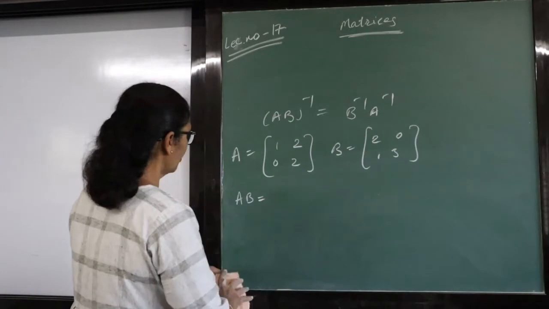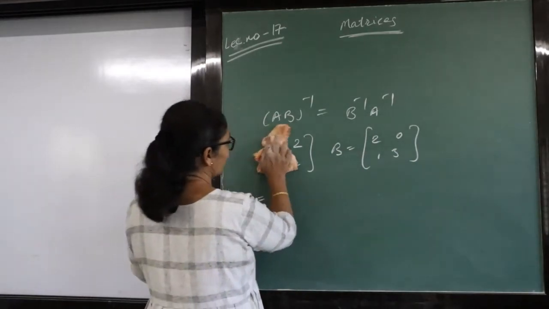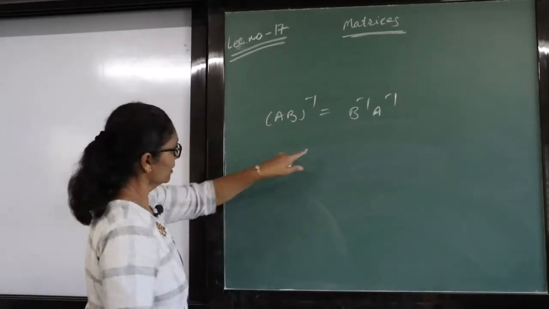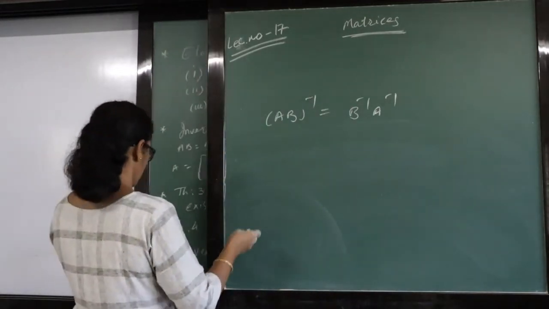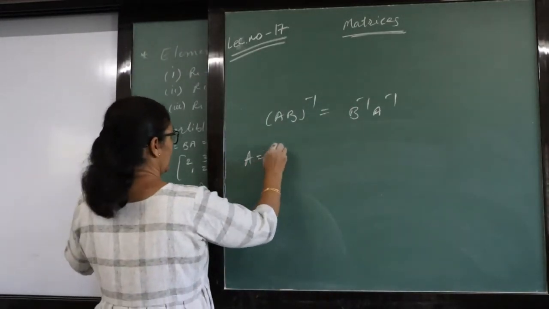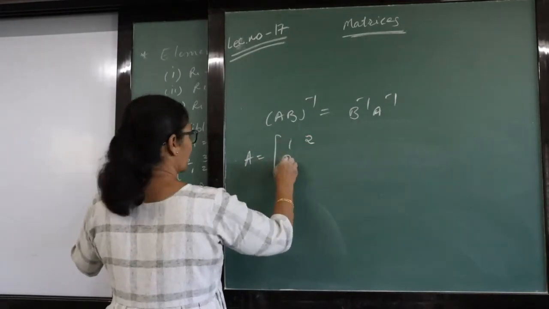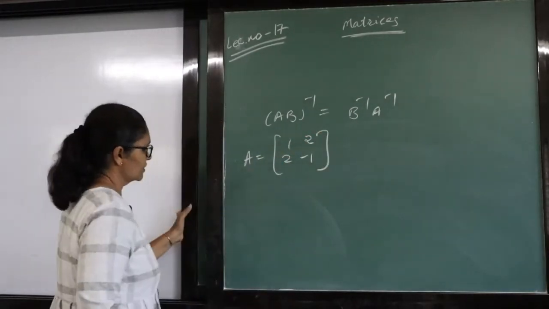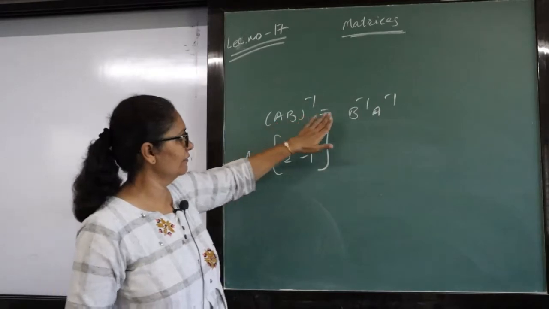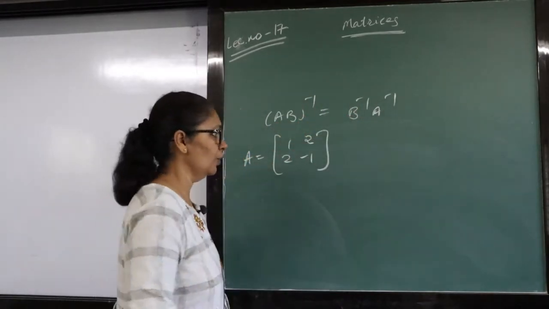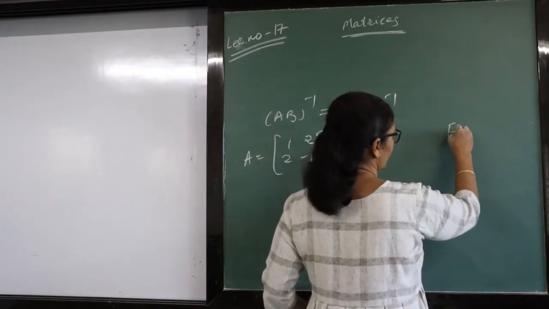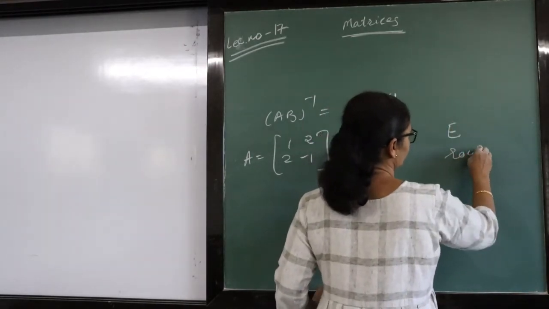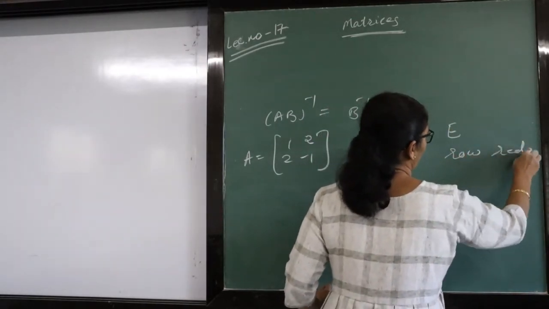Suppose what is the method of finding inverse? So before we start how to prove this, we follow the method of finding inverse. I give you one example, by which we can get the inverse. Now see, for finding inverse, we have to follow one method, the elementary reduction method, or you can say row reduction or column reduction.